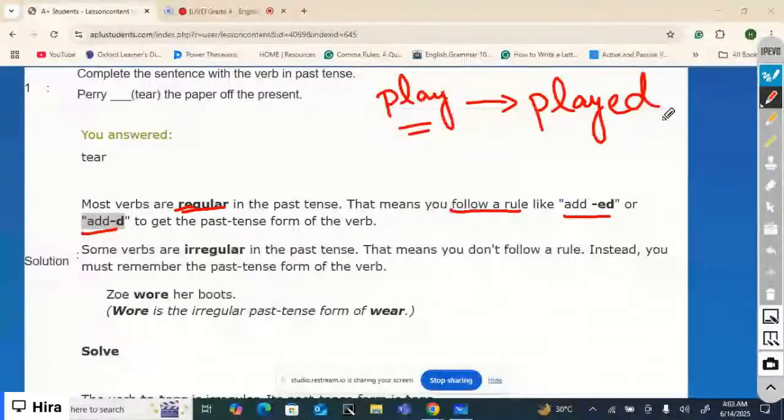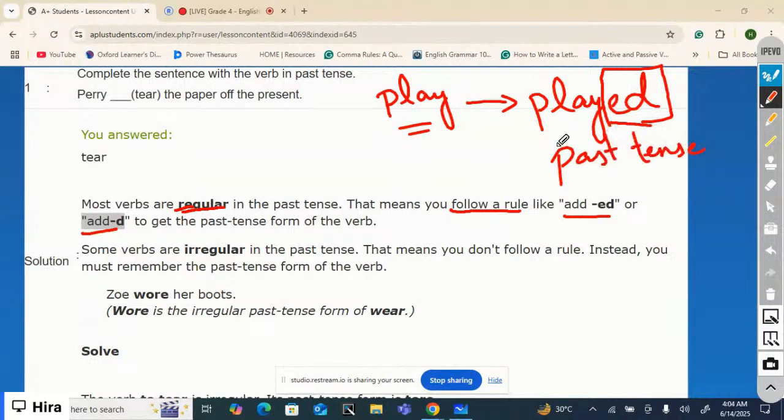I played soccer last evening. Now, how did I make the past tense? I added ed to the main verb. So it is the past tense of this verb, play. So this is the past tense, played.